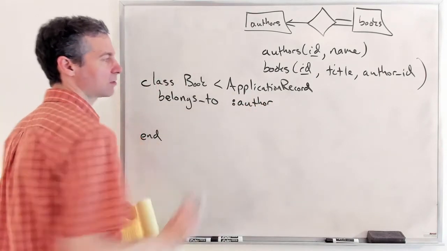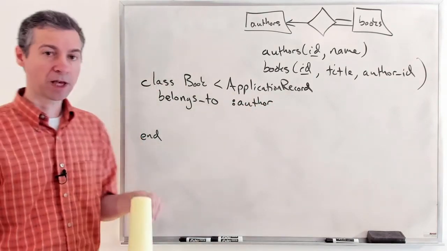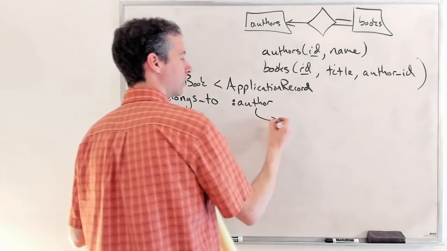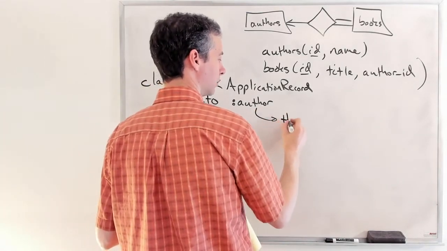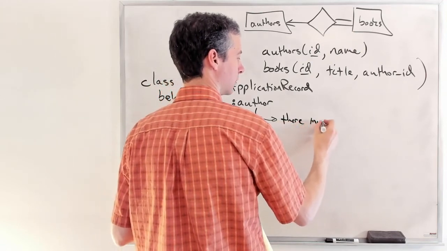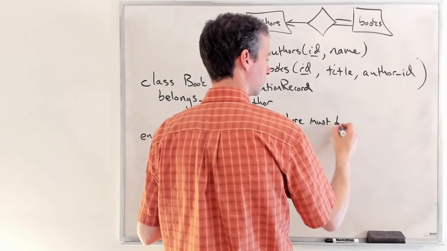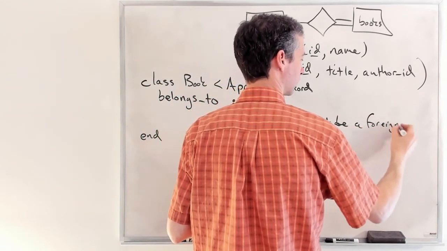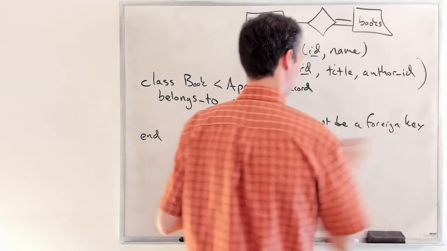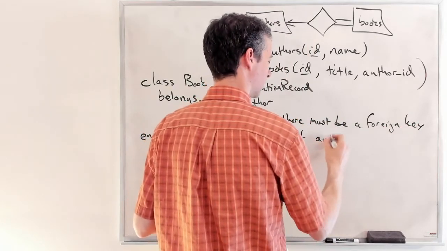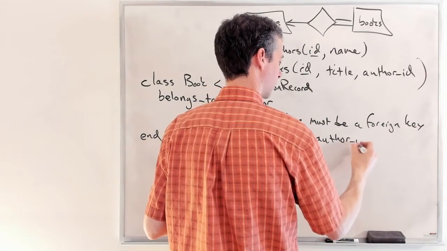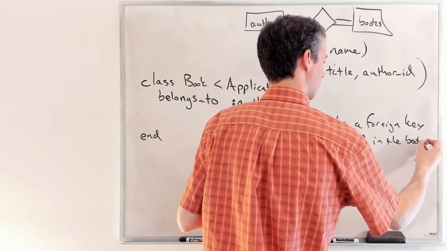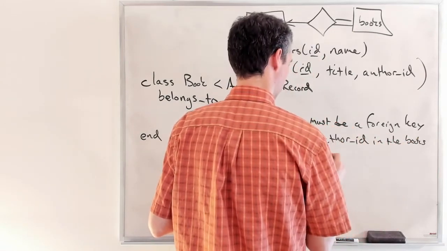And it will take this, and it will automatically say, all right, there must be a foreign key of author_id in the books table.